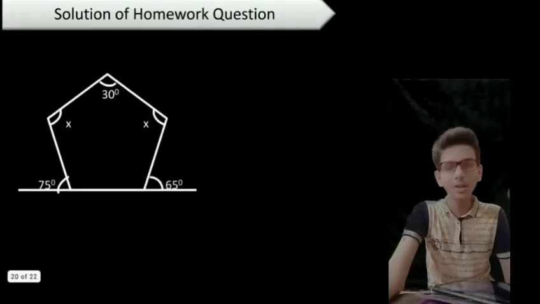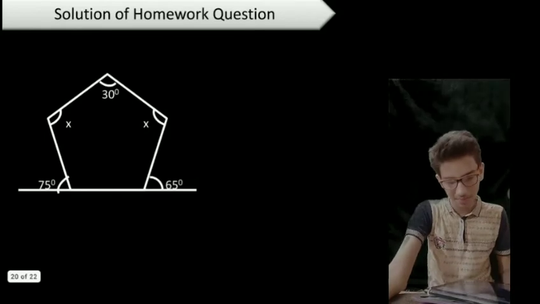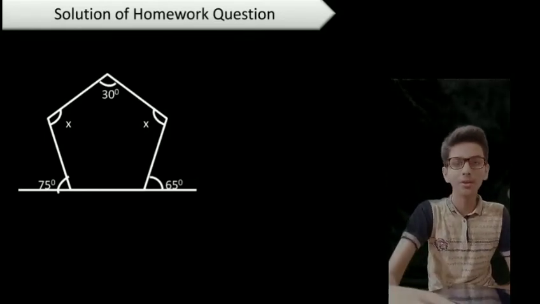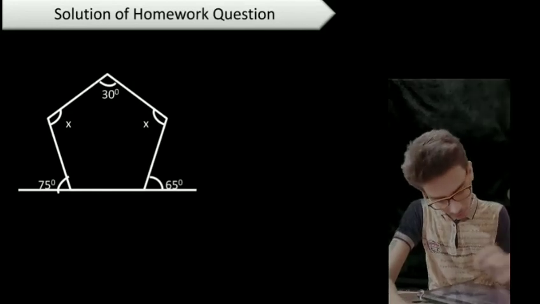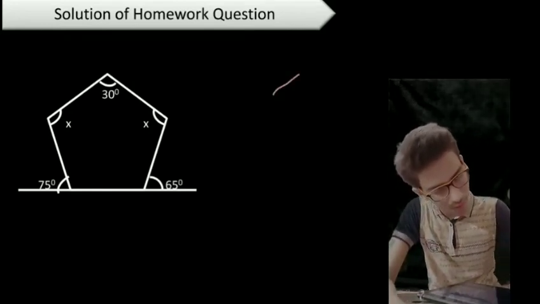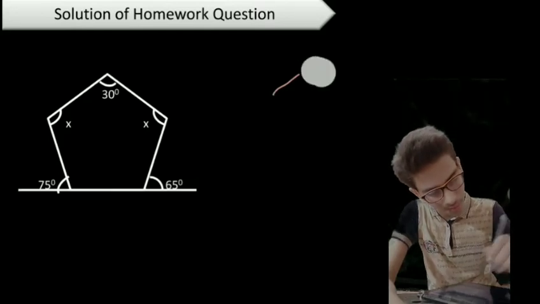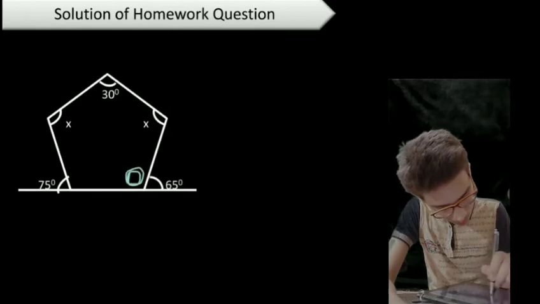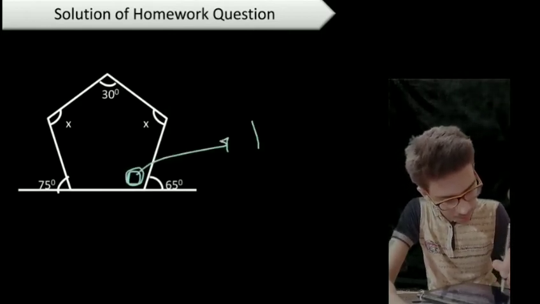Now let's go to the homework question which I gave you in the previous video. So how you are going to solve this question is like this. Let's do it in the figure only. This angle is nothing but x.